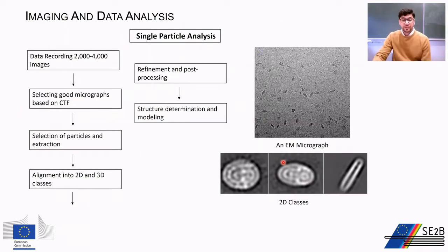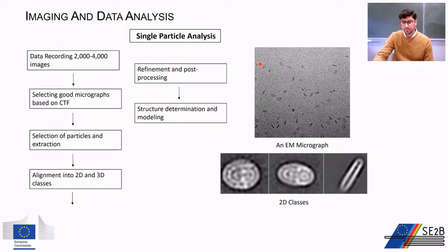Now we'll talk about single particle analysis. For this, you record a few thousand images and you select, as I said again, the best images based on CTF correction, and then you extract the particles and then you align the particles into 2D and 3D classes. Afterwards you get the 3D model which is refined and post-processed, and afterwards you model your structure.